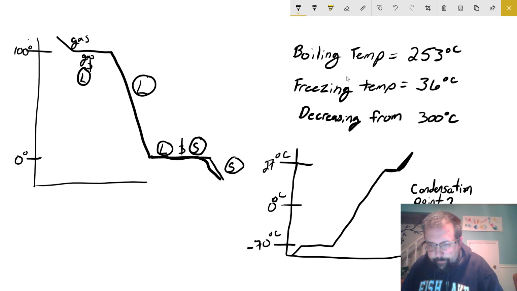What is its freezing point? And its melting point. So draw this graph and give me these four things.